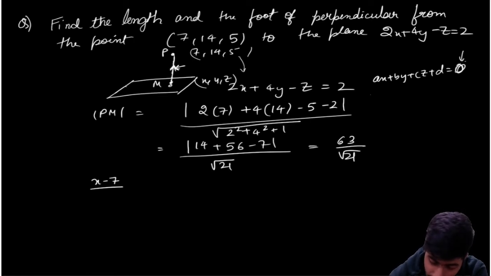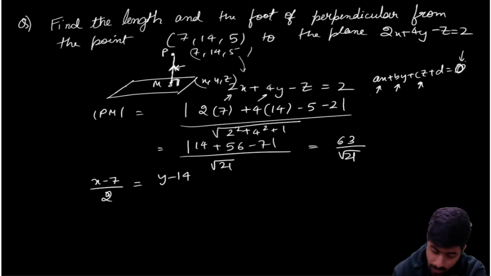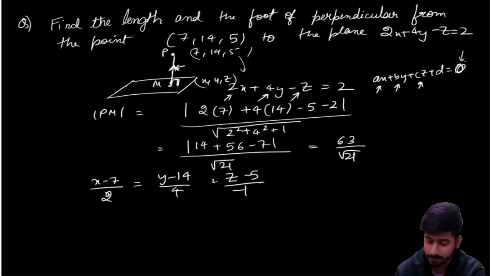Because this line is perpendicular to the plane, the DRs of the normal to the plane are the DRs of this line, right? So DRs of this line are nothing but a, b, c. So you have x minus 7 by a, and a here is 2. You have y minus 14 by b, which is 4. And you have z minus 5 by minus 1.